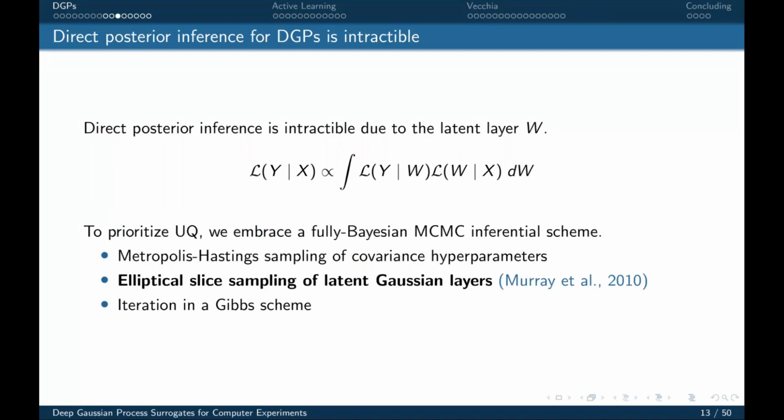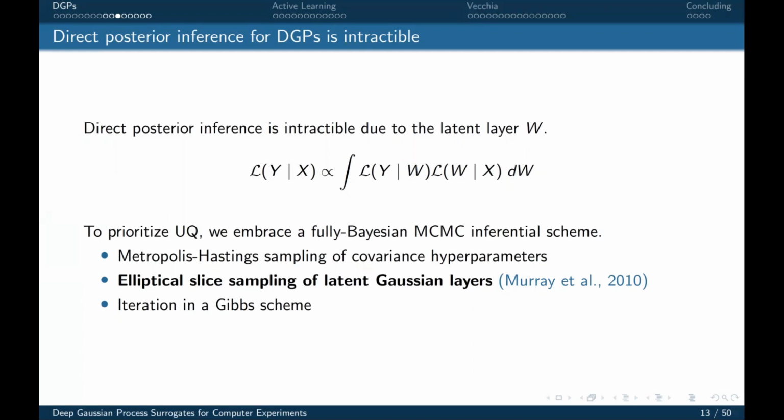So I'm going to do MCMC, but for the most important part, the part involving a high dimensional latent variable, I'm going to use a modern sampling method. Interestingly, this paper is also from the machine learning literature. I don't know if Ian Murray would consider himself to be a machine learner, but he published this paper in ICML, no, AI Stats, which is a machine learning journal.